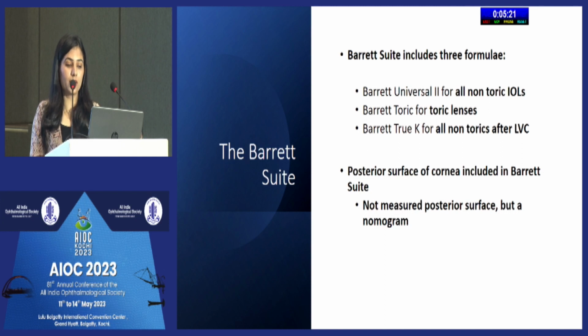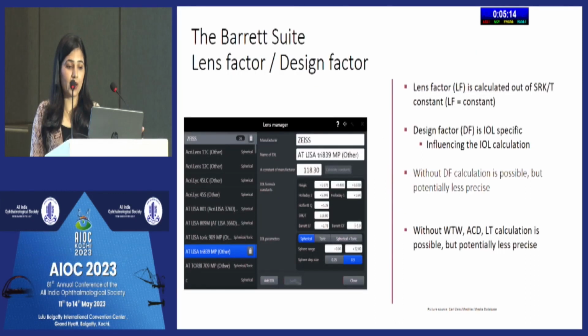The Barrett suite is based on a nomogram and calculates the posterior corneal curvature based on that nomogram. The lens factor in the Barrett suite is calculated using the SRK/T constant. The design factor is IOL specific and influences the IOL calculation. Without the design factor you can still calculate the IOL power, but it is potentially less precise.